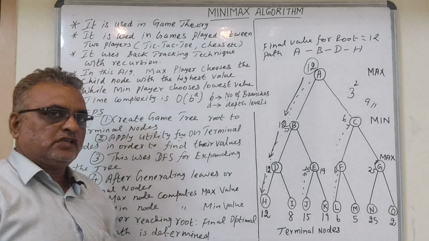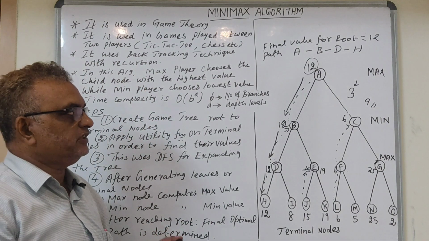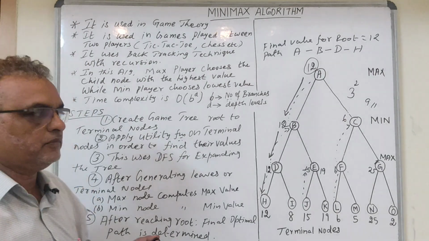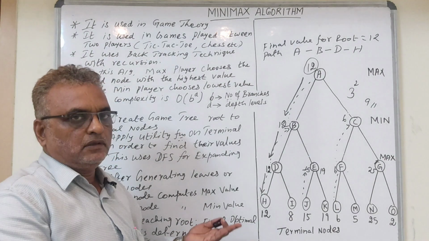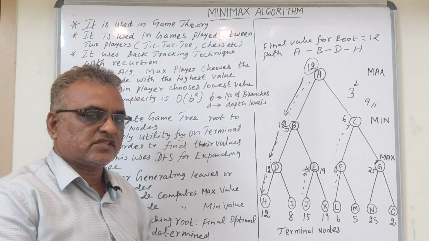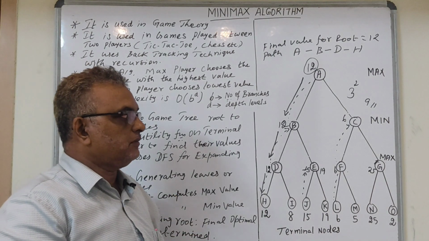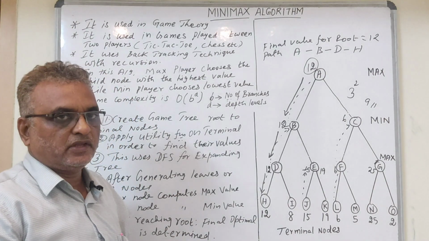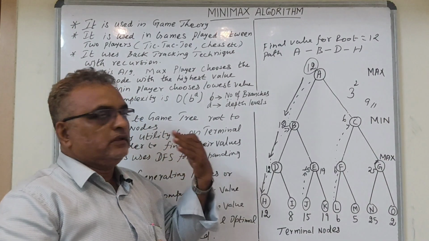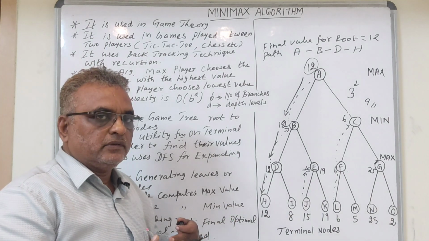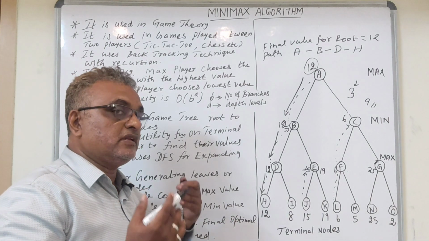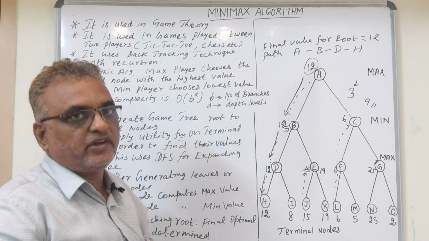If it is a small game with a limited number of states, the time complexity may be less. If you consider a game like chess, the number of states may be very large.